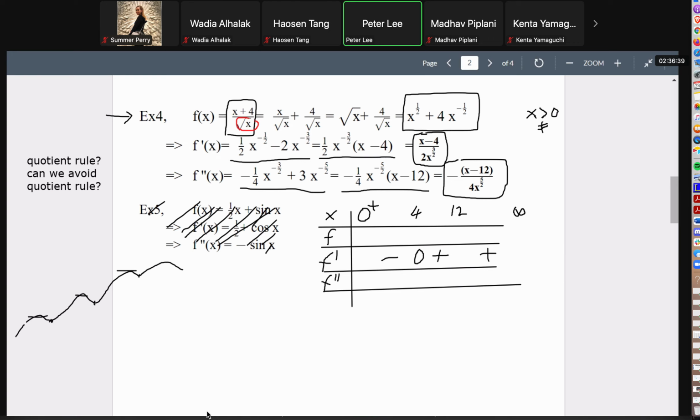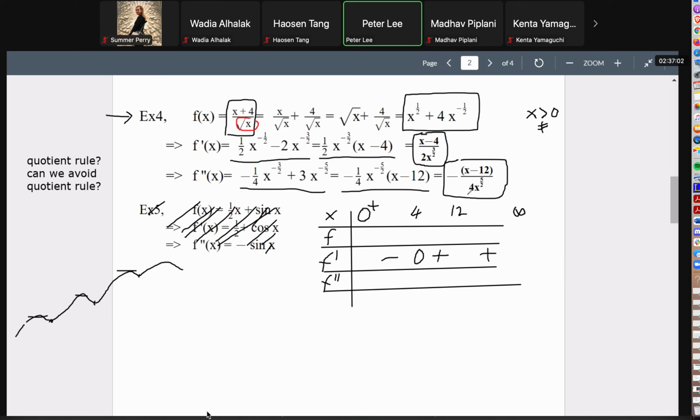Let's see. One second here. Oh no, that is not a mistake. That is correct. Okay. And then we'll see how we check this at the end. Any questions on f prime?